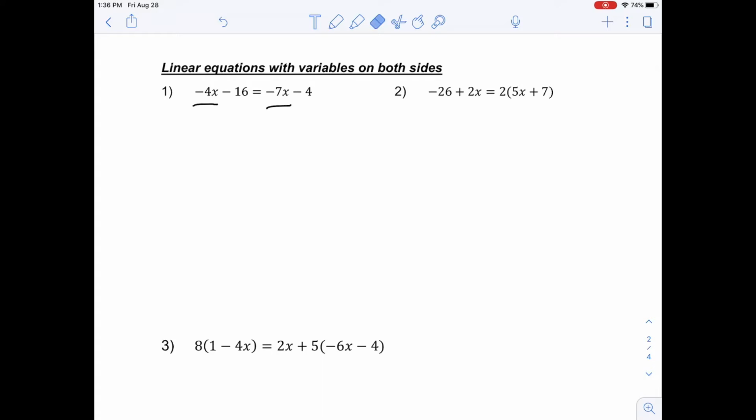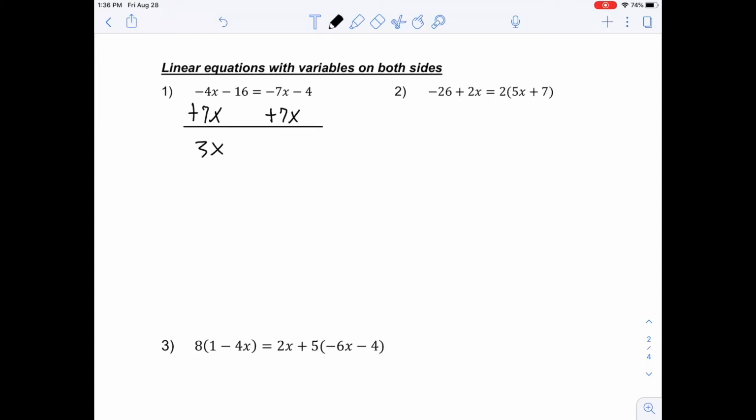So what I'm going to do is go ahead and move the 7x. So this is a minus 7x, I'm going to add 7x to both sides. Now I do recommend moving the variable first before moving, let's say the negative 16 or the minus 4, just so you have that variable isolated to one side.